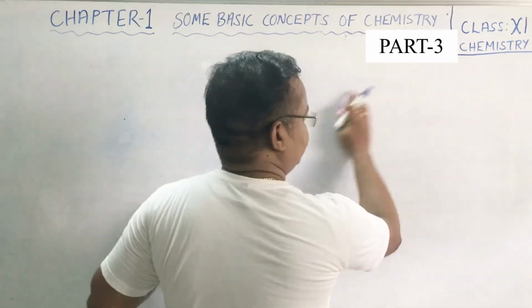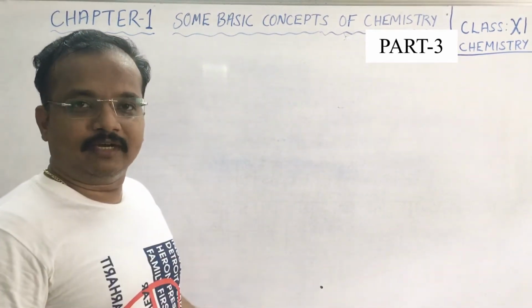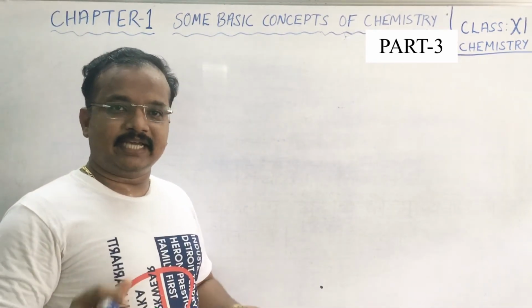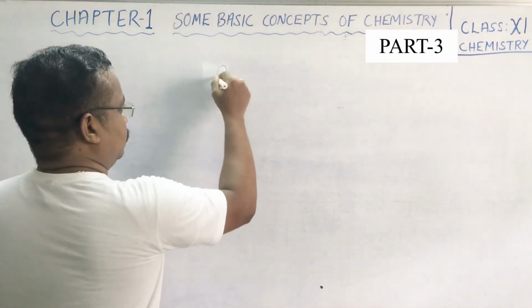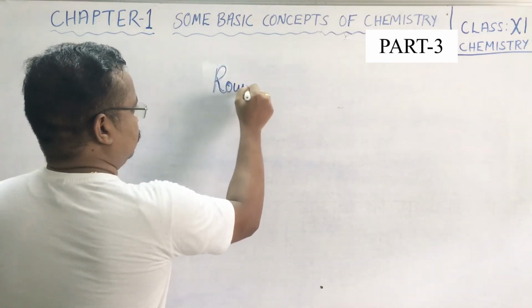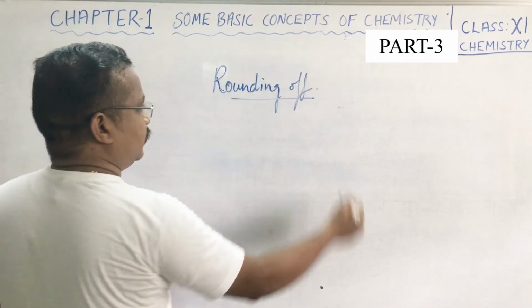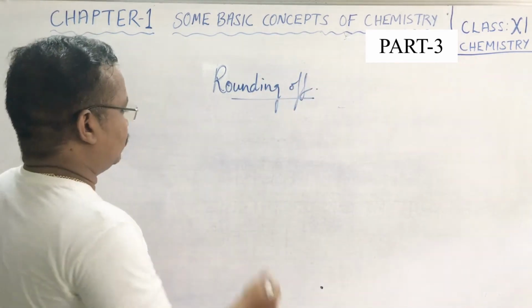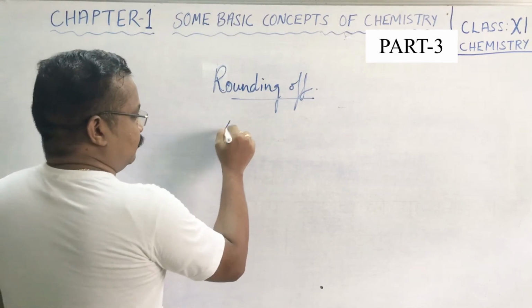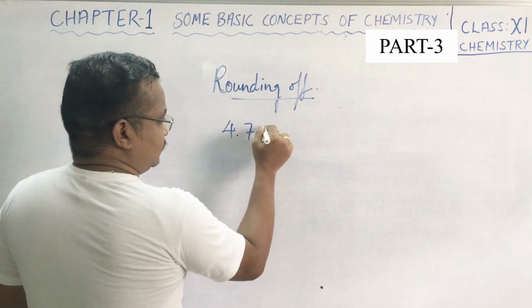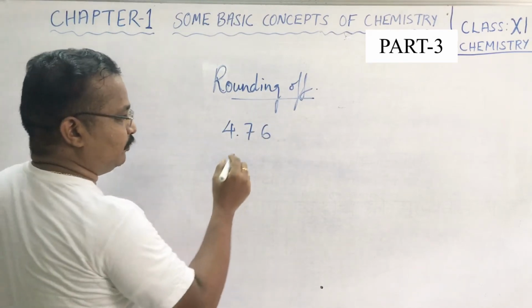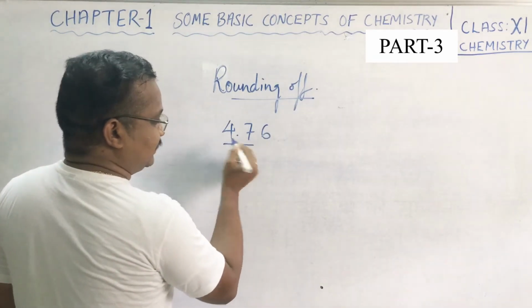Okay, children, next we have rounding off and scientific notation. Rounding off: you studied it in smaller classes. Suppose 4.776. Now you have to convert it into 2 digits.